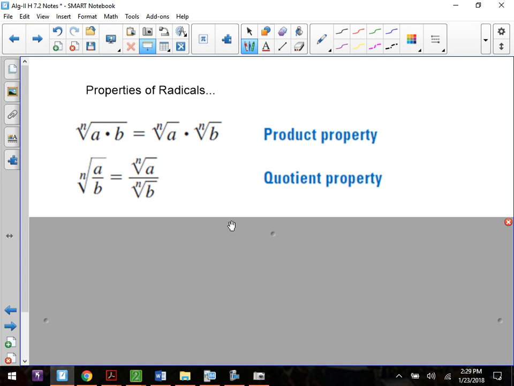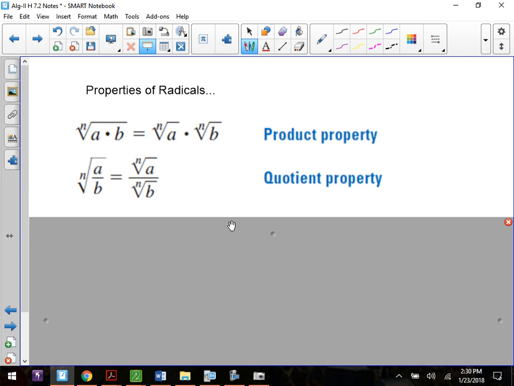It is not going to be anything overly crazy. The properties of radicals allow you to do a whole bunch of simplifying, if you guys remember.